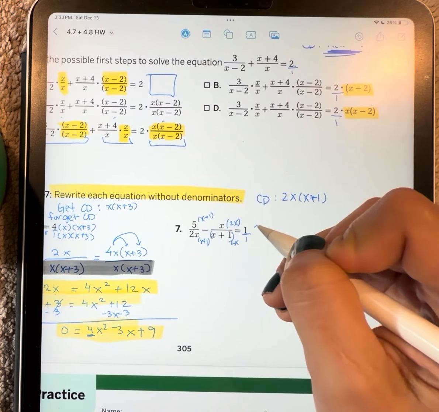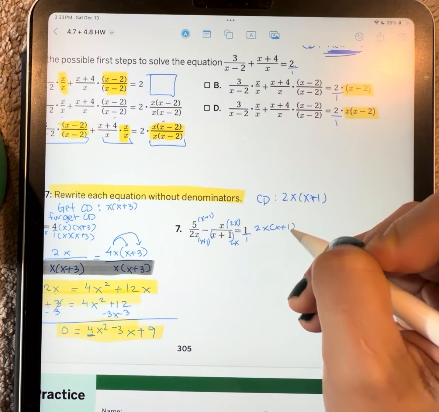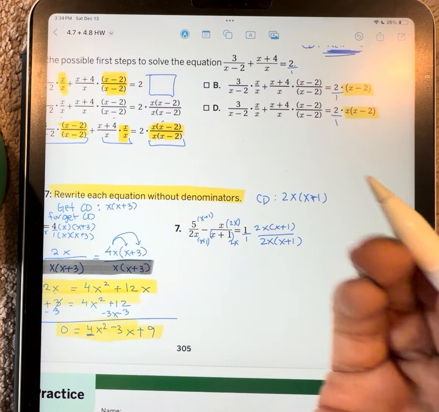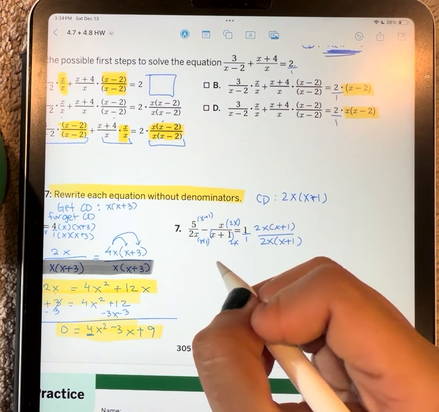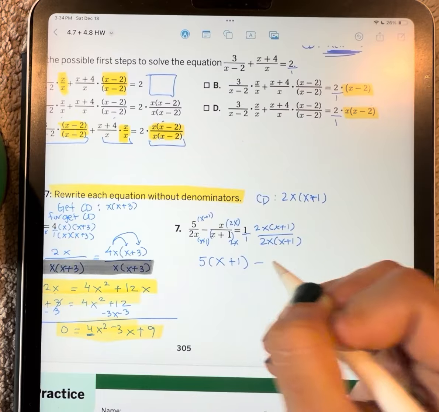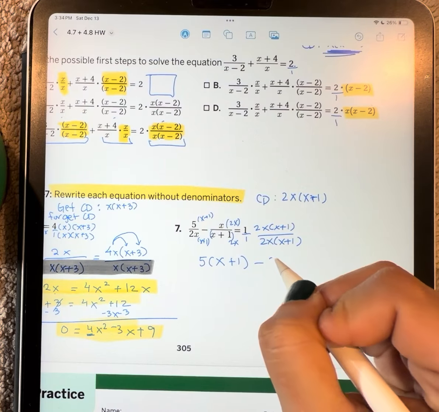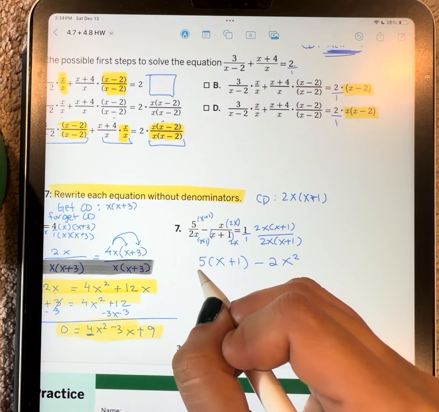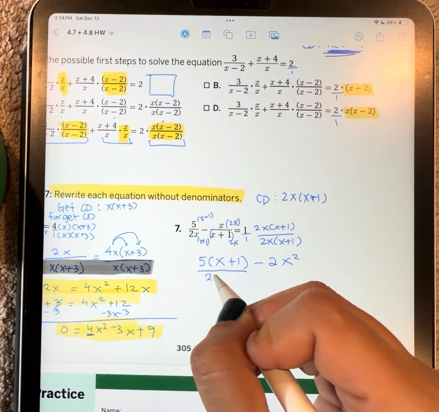And this one needs it all. 2x, x plus 1. And now I would rewrite this as 5 times x plus 1 minus x times 2x, which is 2x squared. Let me write the bottoms. It's too messy.